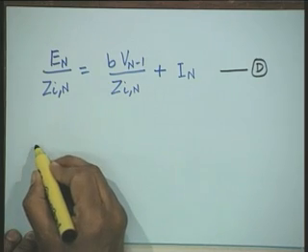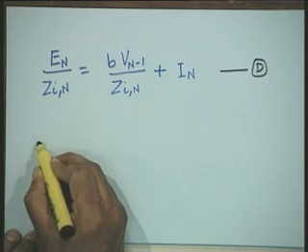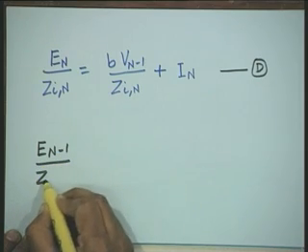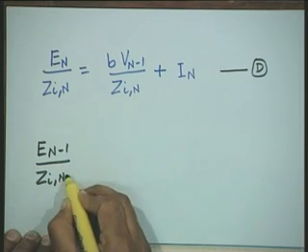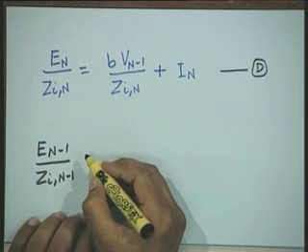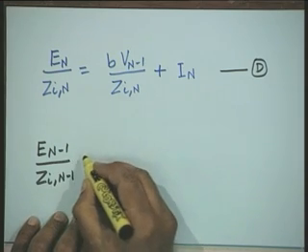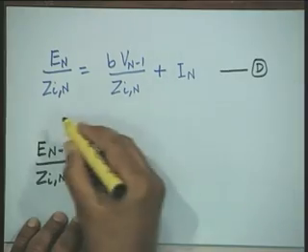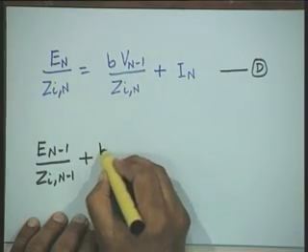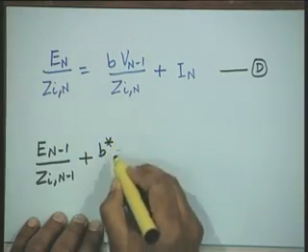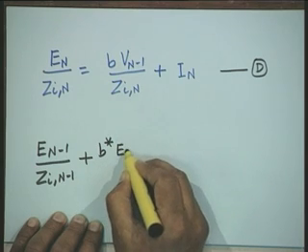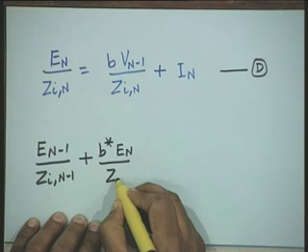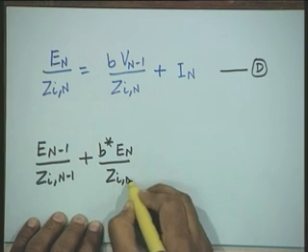When you do this operation, you will get E n minus 1 divided by Z I n minus 1. This remains same. To this we are adding a term. I am multiplying the whole equation by B star, not B square, B star, E n divided by Z I n.